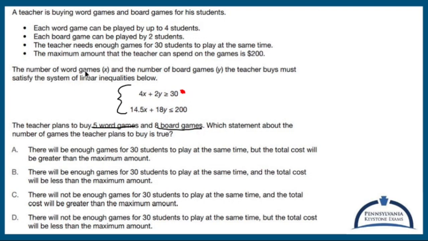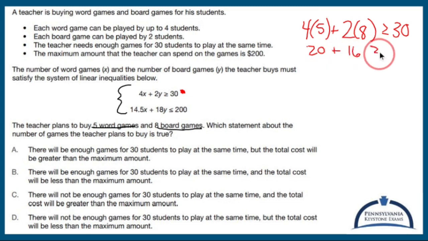Word games were given to us by X, okay? So 4 times X, in this case 5, plus 2 times Y, in this case 8, has to be greater than or equal to 30. 20 plus 16 is 36, which is greater than or equal to 30.